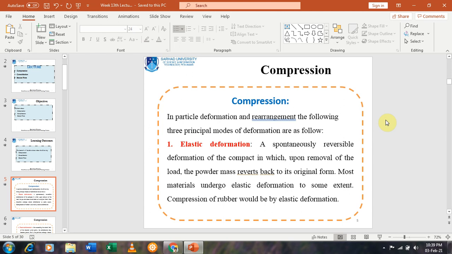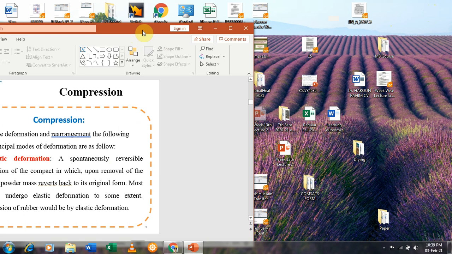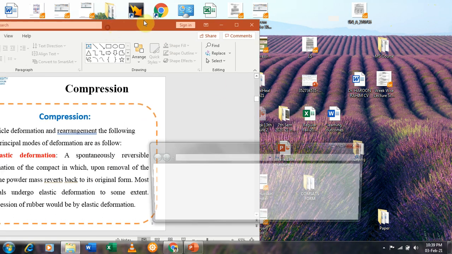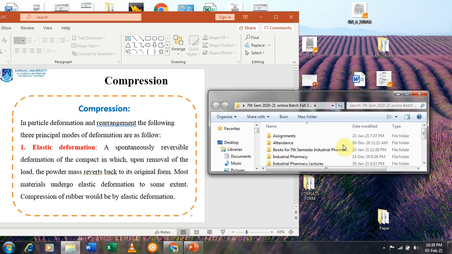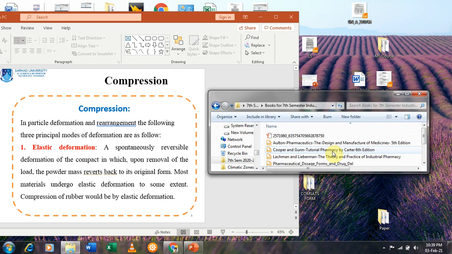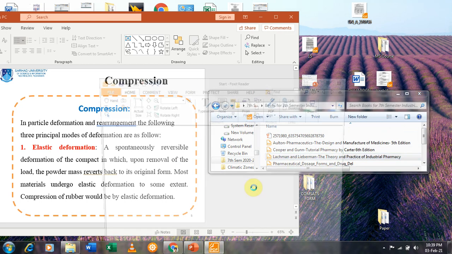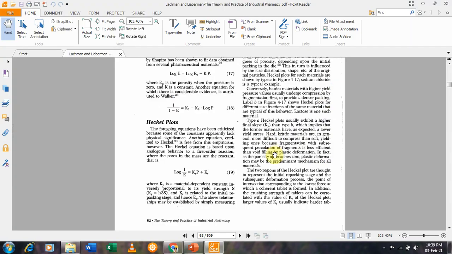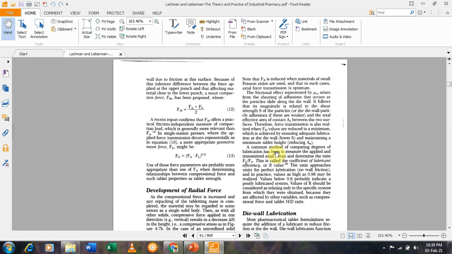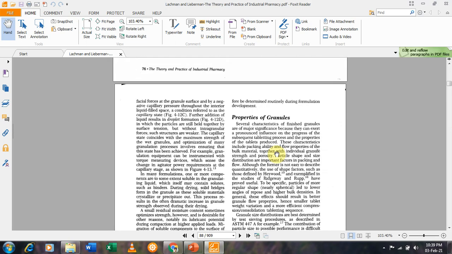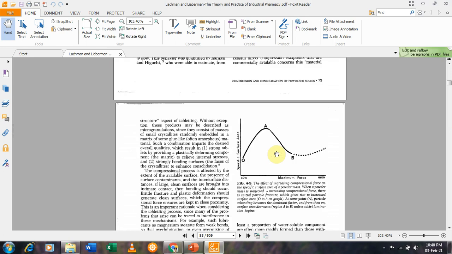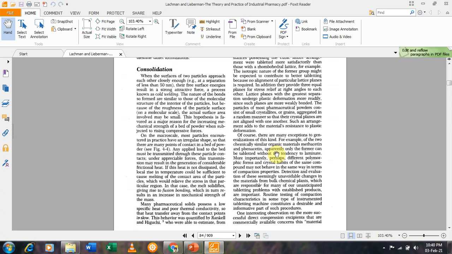It is compression and the different principles in the compression, including plastic deformation, as well as elastic deformation, and the third one, that is brittle fracture, that we have discussed in this topic of consolidation.